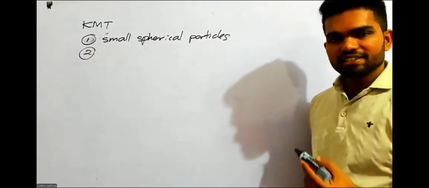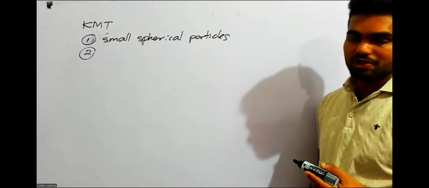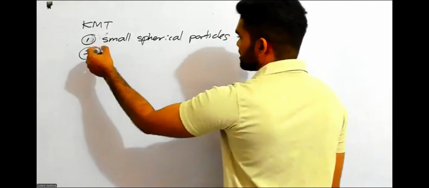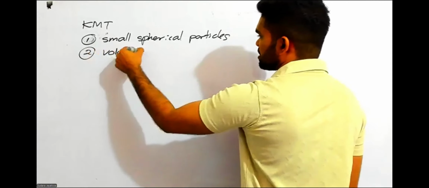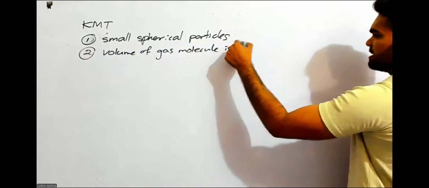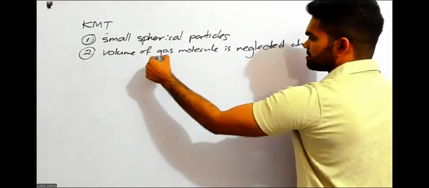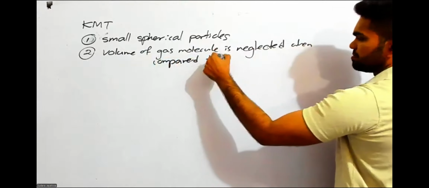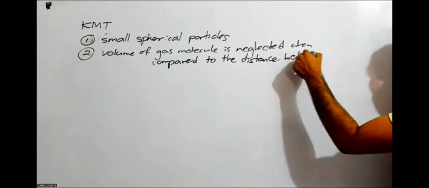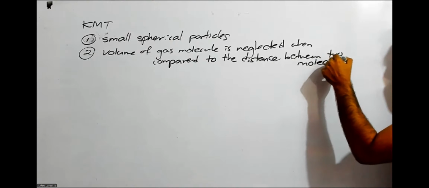The volume of particles is neglected when compared to the distance between two particles, or we can say volume is neglected. There are two ways of telling that, and I'll write both. The volume of a gas molecule is neglected when compared to the distance between two molecules or particles. You can use those words, no problem.